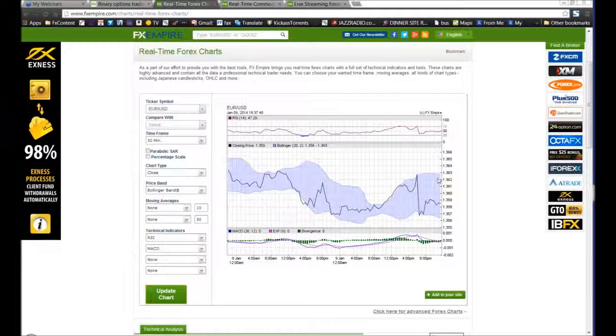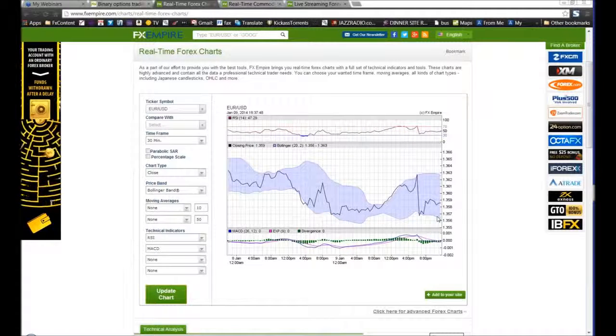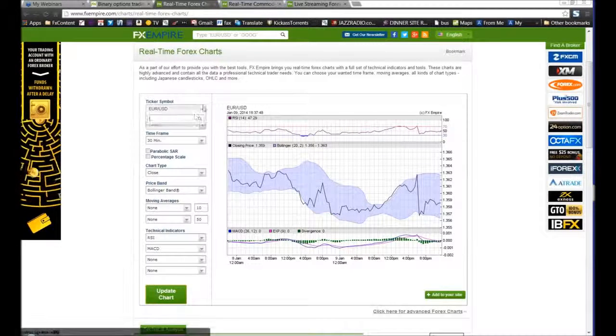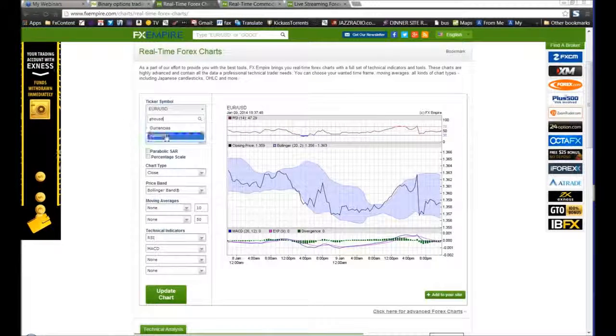Okay. When you see it approaching the upper or lower band and getting very close, you can tell yourself to start monitoring that asset.